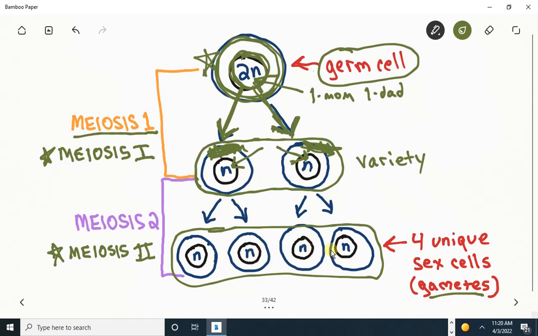So these are going to be four. They're each going to have a different combination of chromosomes in there, and they are either going to be sperm or eggs, depending on if we're talking about sex cells of a male or a female.